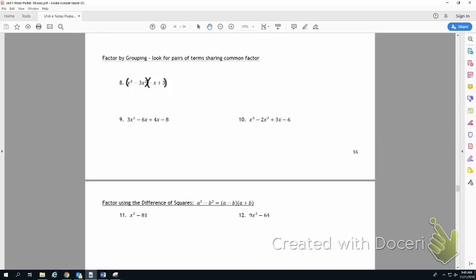Within each group, you're then going to look for the greatest common factor and pull it out. So on that first group, what's the greatest common factor? X squared. And I'm going to be left with x minus 3. Now, if you notice, on the second group, you've got negative x.